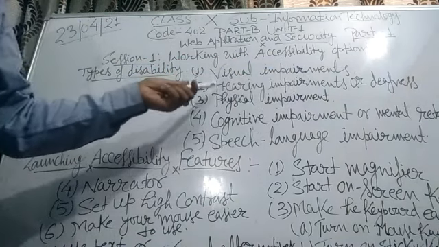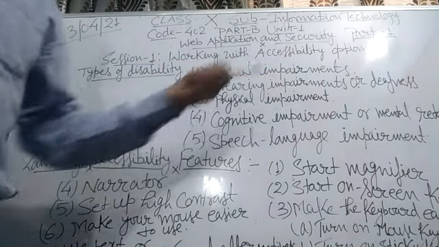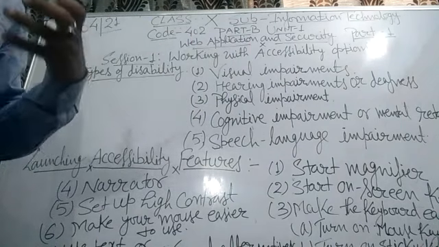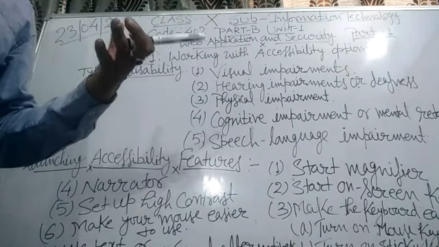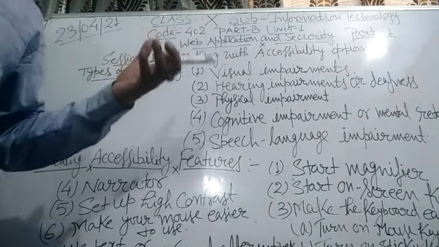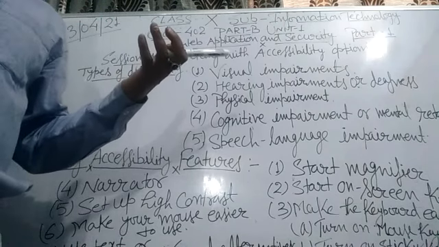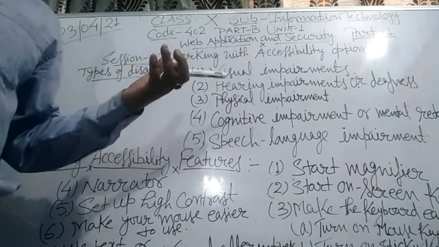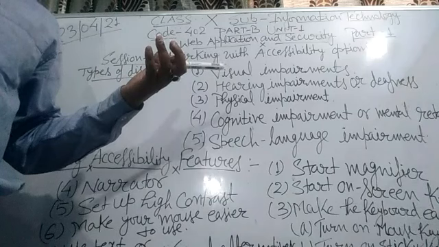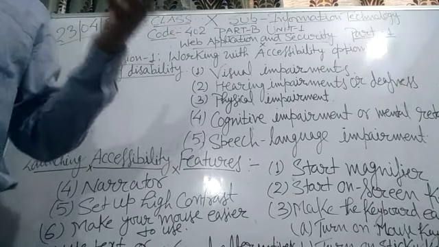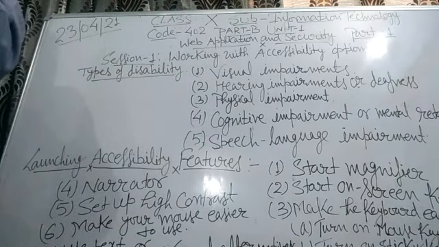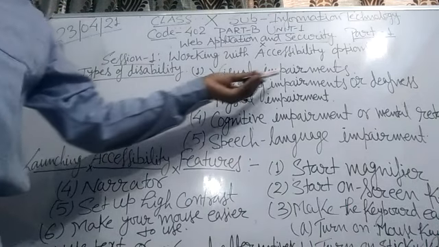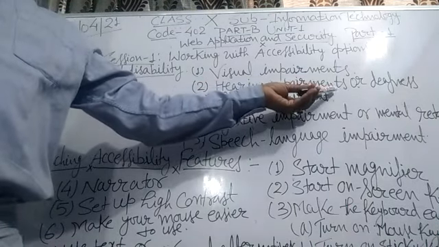Next is hearing impairments or deafness. For such persons it is very difficult or impossible to hear lectures, access multimedia materials and participate in discussion. Such persons come under the category of hearing impairments or deafness.